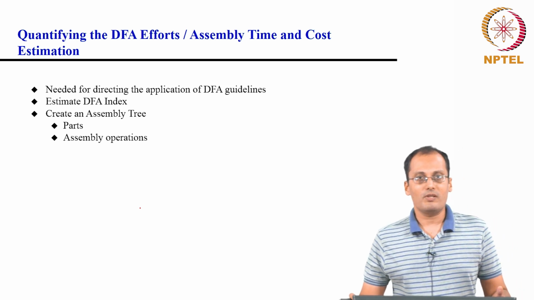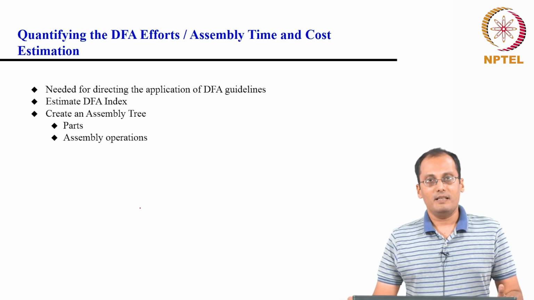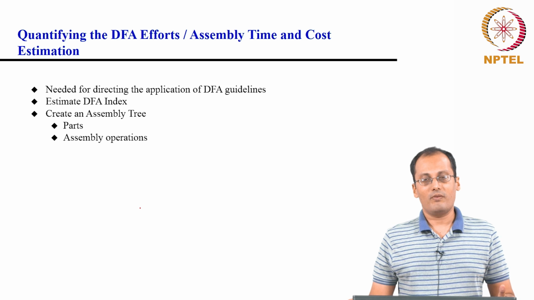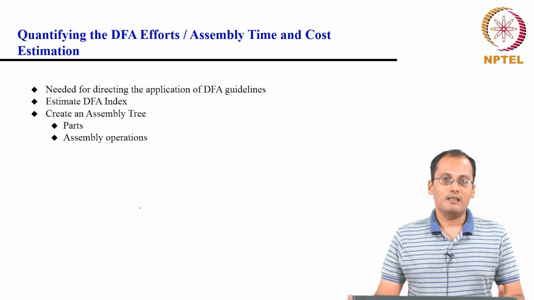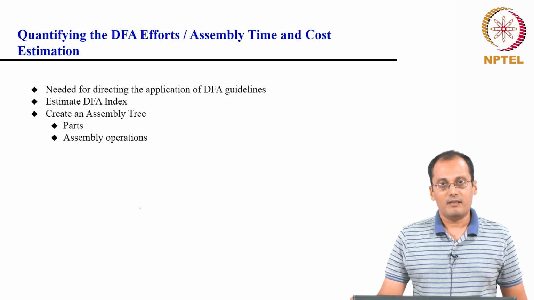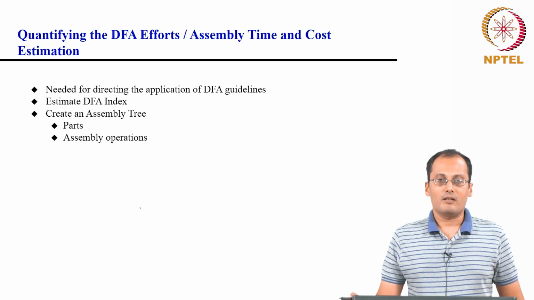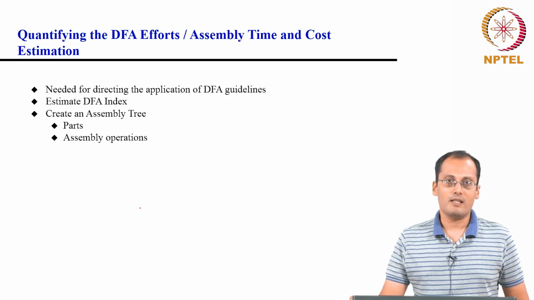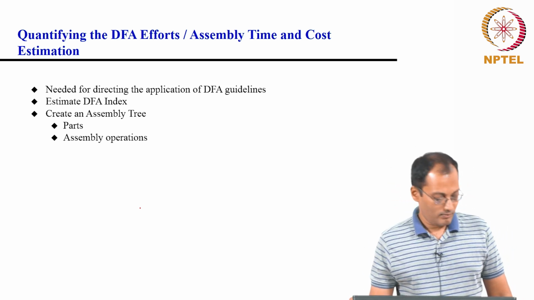So, these attributes need to be captured so that we can apply any objective way of assessing the assembly and arriving at the assembly difficulty time. So, we generally create what is called an assembly tree, which puts the assembly operations in hierarchical sequence along with the assembly attributes.